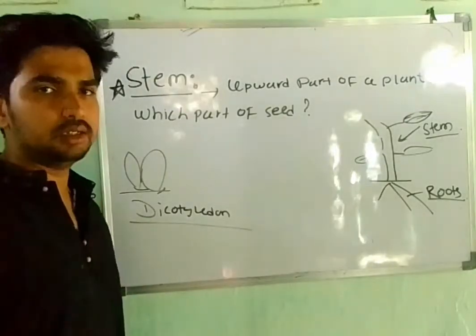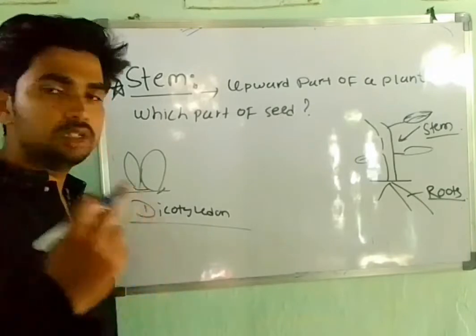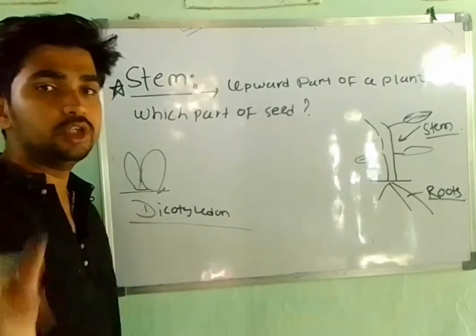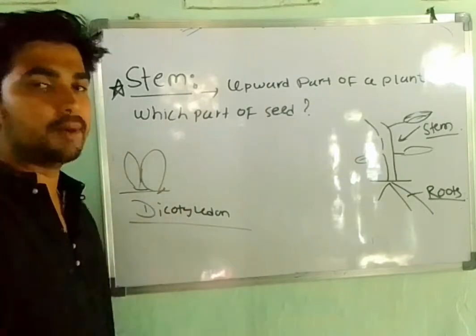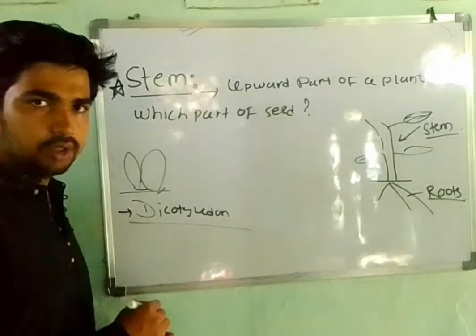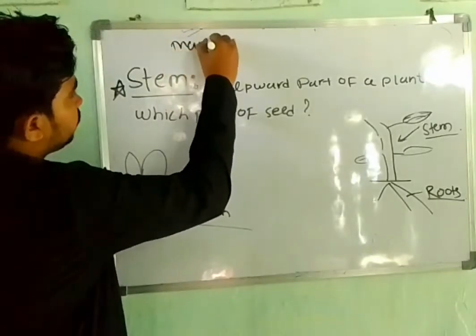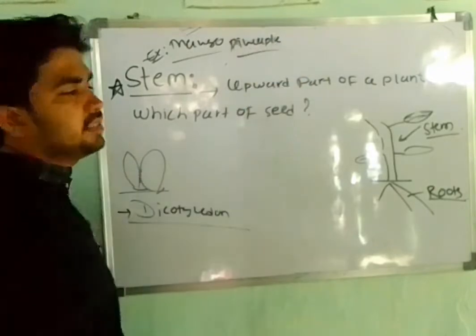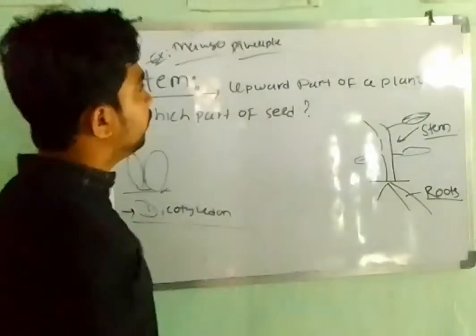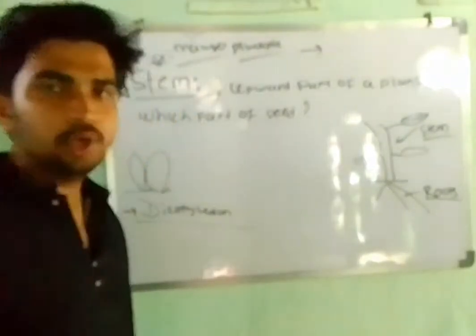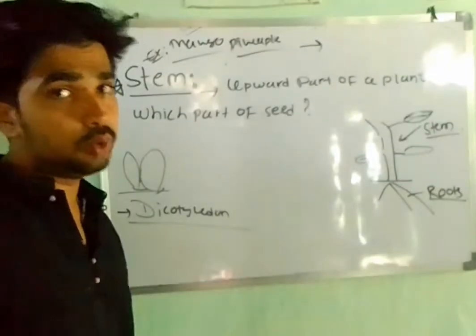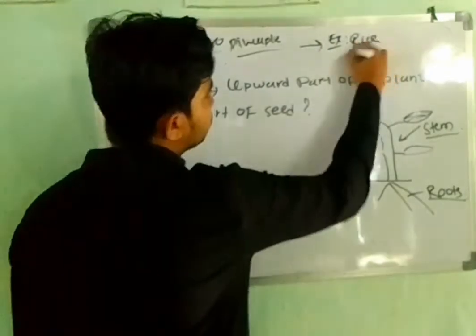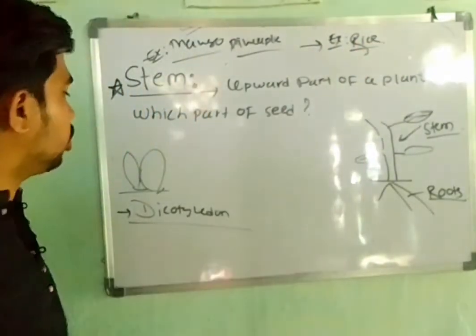When we break a seed and it is divided into two equal parts, it is known as a dicotyledon. Examples are mango and peepal, which are dicotyledon plants. But the monocotyledon is not divided into two equal parts, and an example is rice.